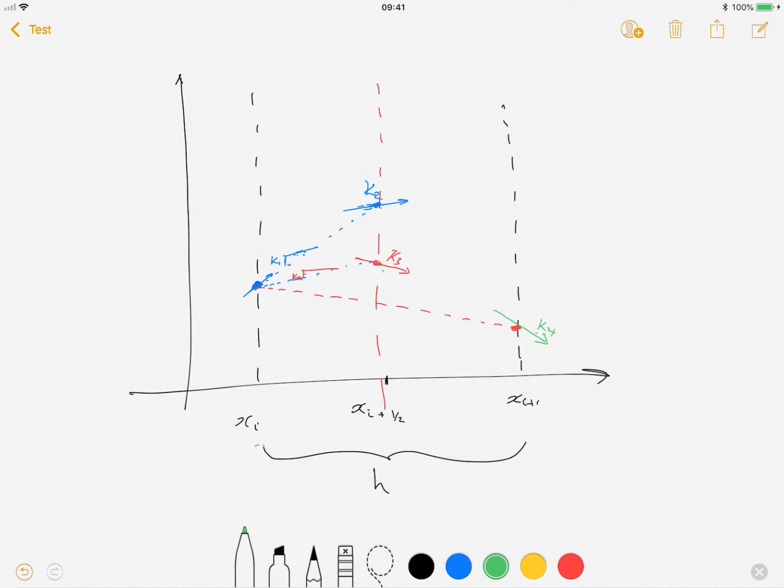I then take the average of all of these to calculate a new slope phi, which I then use to estimate my next point. So the slope of this line is phi.